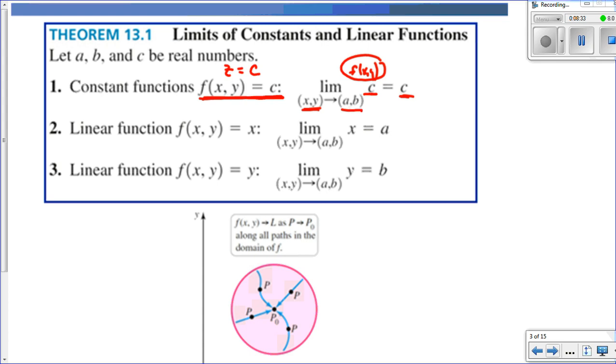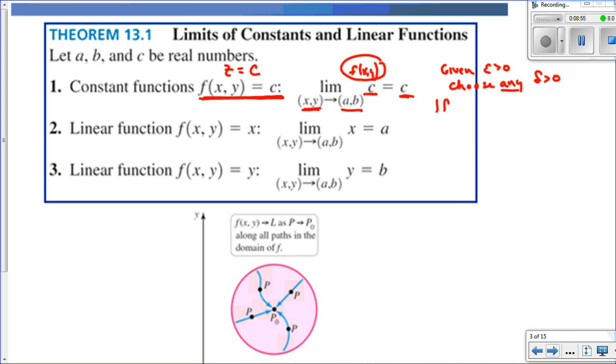Now, if you want to actually just use the definition of a limit to prove this, we can say that given an epsilon greater than 0, choose any delta greater than 0. It's not going to matter because it's the constant function.